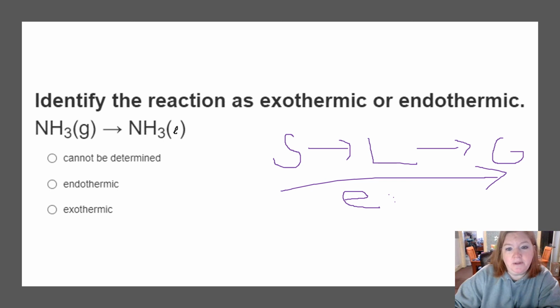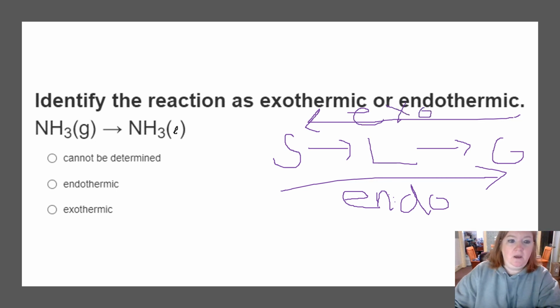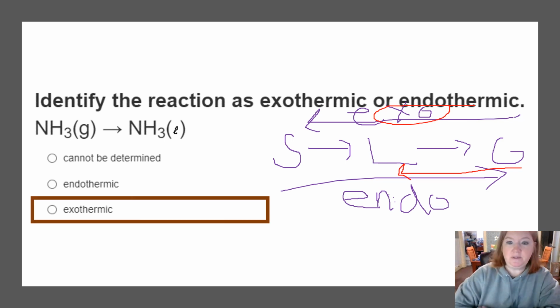So going this way is endothermic, and going the opposite way would be exothermic. All right, so going from gas to liquid, let's switch colors so it's a little clearer, I went this way, which follows the exothermic arrow. So it's exothermic.